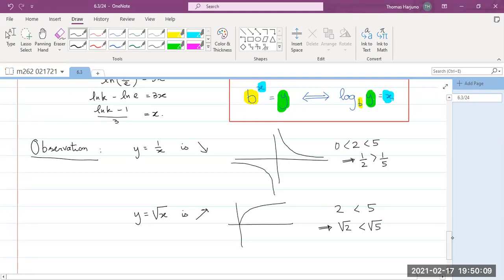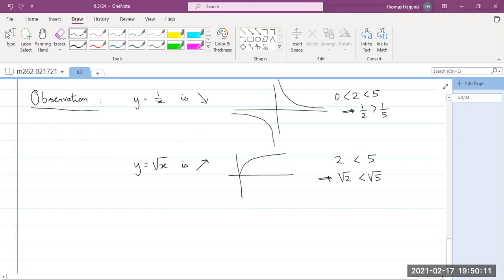Okay, now using that idea, apply that to exponential and logarithmic functions. b to the x is increasing for base greater than 1. It is decreasing when the base is between 0 and 1.